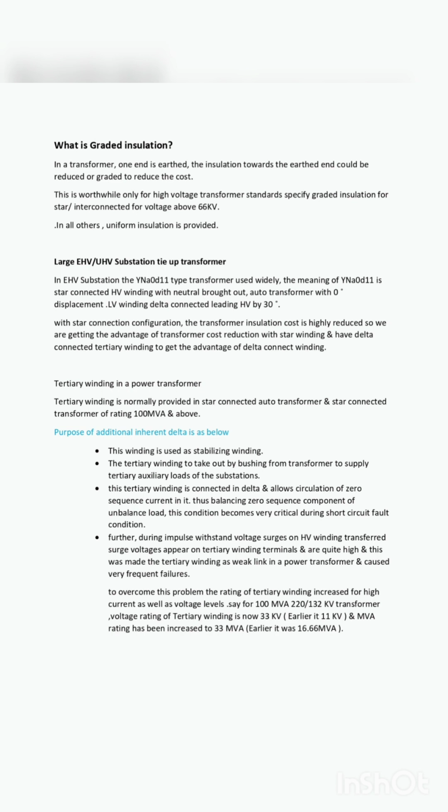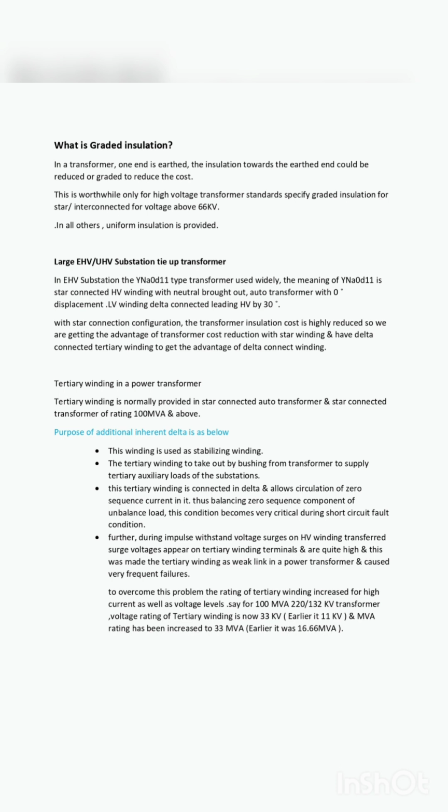Tertiary winding in a power transformer. A tertiary winding is normally provided in star-connected auto transformers and star-connected transformers of rating 100 MVA and above. The purpose of this additional inherent delta is as below. This winding is used as a stabilizing winding.